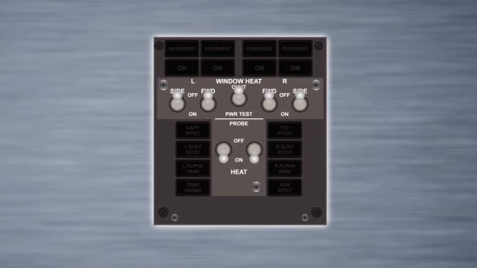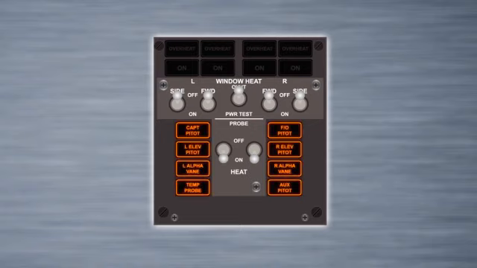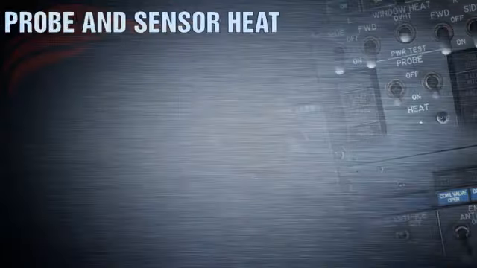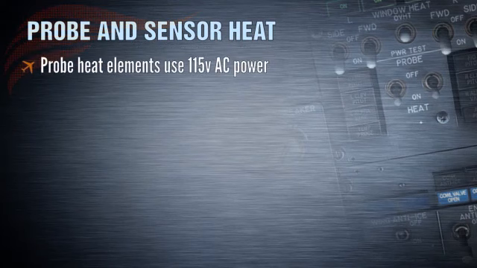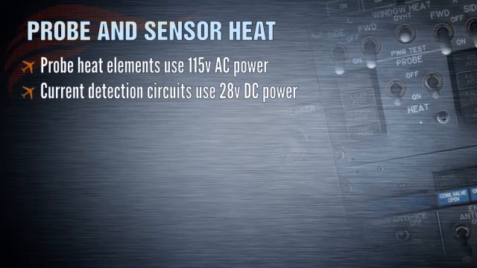There are 8 probe heat lights which illuminate when the respective probe is not heated. Illumination of any probe heat light triggers a master caution and the anti-ice system annunciator light. The probe heating elements use 115 volt AC power, and the current detection circuits use 28 volt DC power.